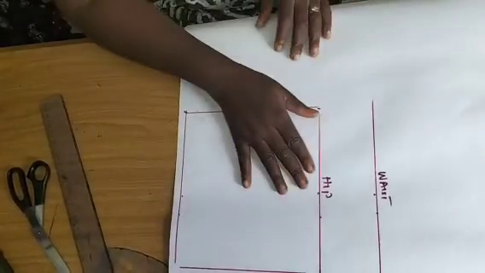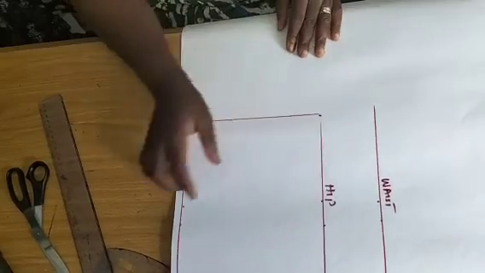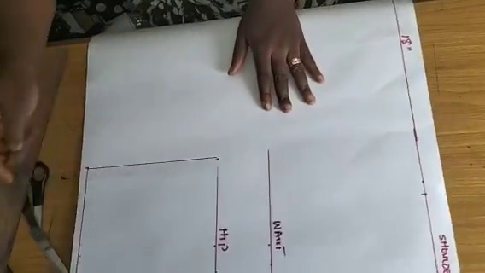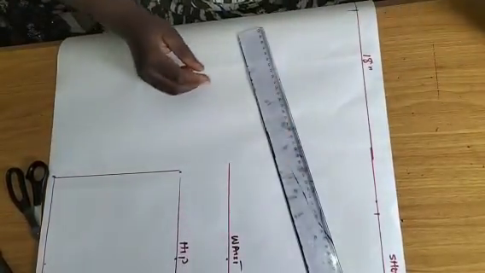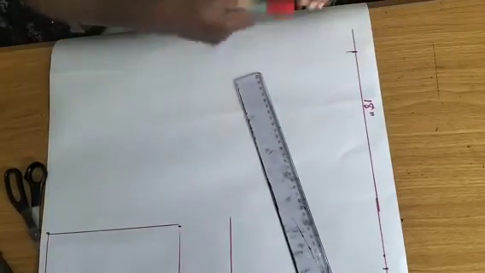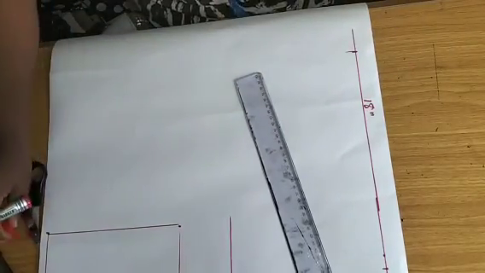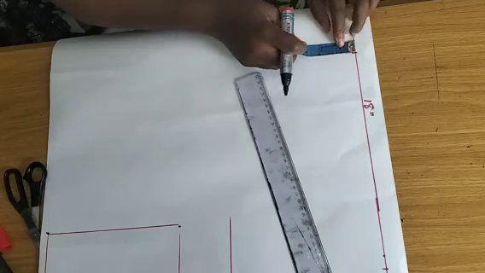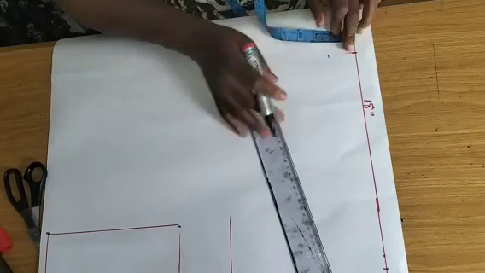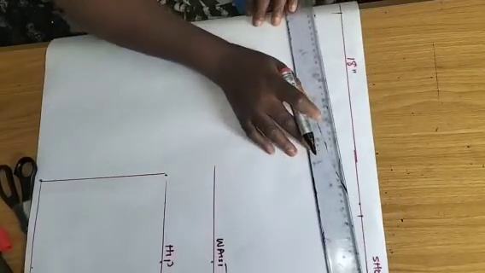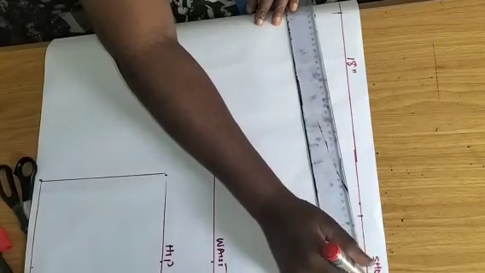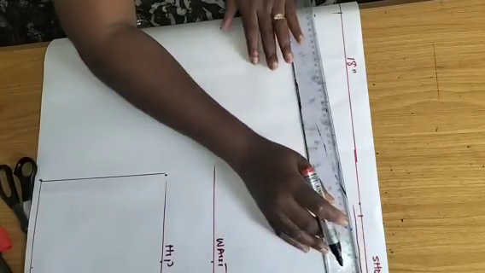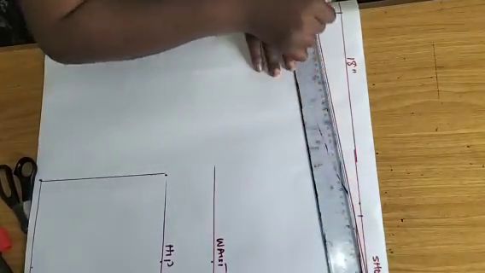So now I've marked out my waistline. So coming over to my hip line, sorry. So coming over to the length of this dress, I'll just come down by 1.5 and connect it straight from there to form the slant line.